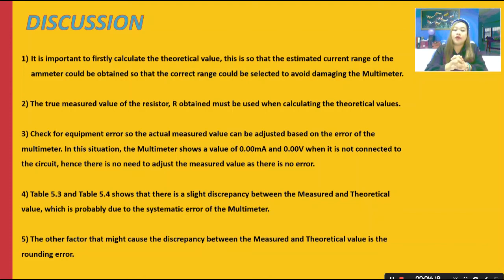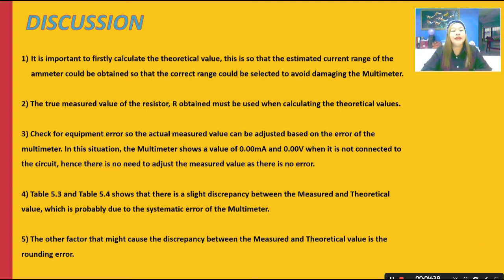The other reason why you need to calculate the theoretical value is that you do not want to destroy your equipment. So you should make sure that the range of the equipment you use is okay for what you want to measure. In any situation, it's very good practice to calculate the theoretical value first.